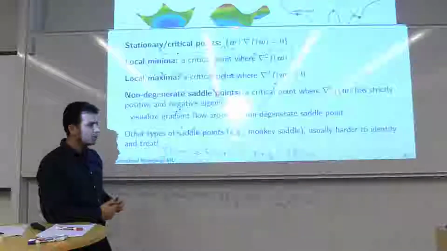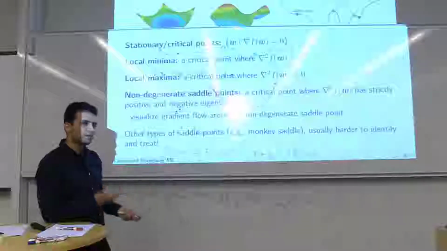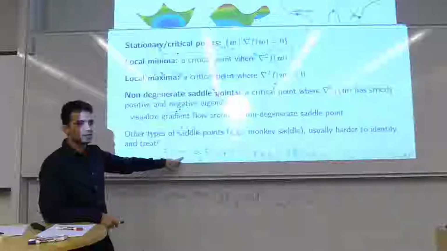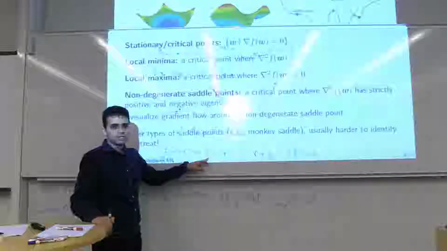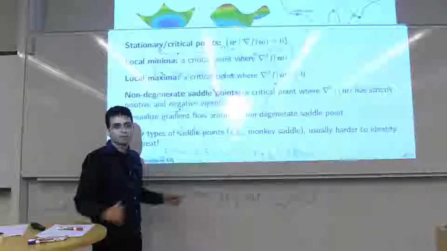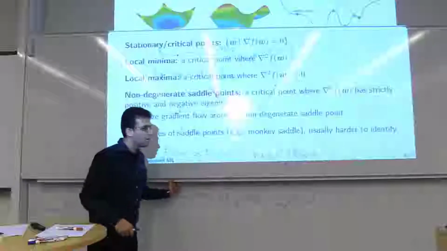So if you choose to go in some directions, you can improve the function, so this is going to be larger than that. And if you choose some other directions, then this is going to be smaller than that. So it really depends on which direction you choose.